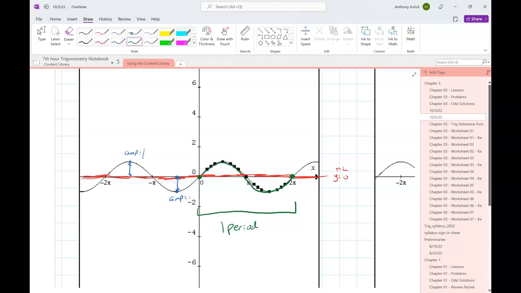How far horizontally did we travel? If we started at 0 and we end at 2 pi, we went 2 pi. Is that okay?